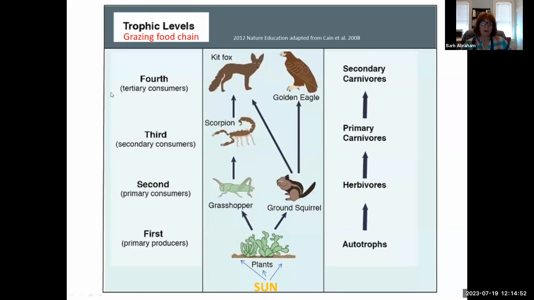Okay, so ecologists call feeding levels trophic levels. Basically, you have the green plants down here that make their own food, make plant tissue from carbon dioxide and water and sunshine for energy. You have the herbivores that eat the autotrophs, the carnivores that eat the herbivores.